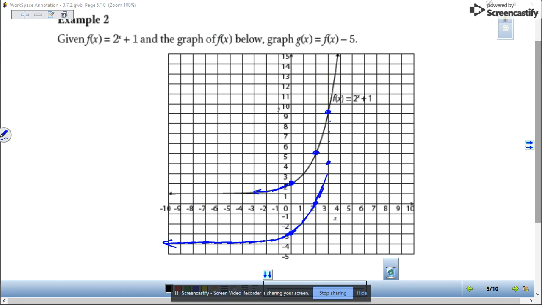Now with an exponential, what you're going to notice is it doesn't look like a perfect shift, because with the linear, it would stay parallel. Well, these can't stay parallel because of the rate of change being different. So what happens is the further out you go, the closer these things appear to run to each other. They don't run exactly next to each other, but they appear to get very close.